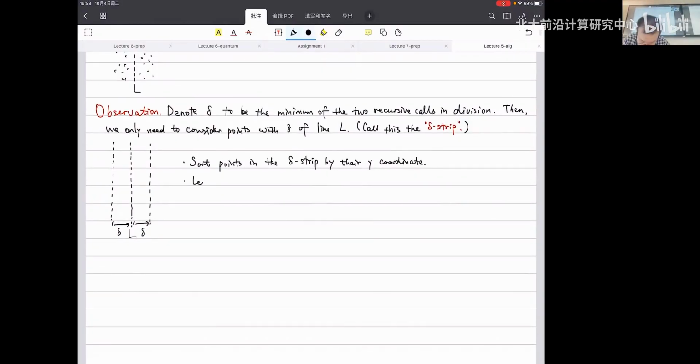And let's denote S_i the point in the delta strip with the i-th smallest y coordinate.